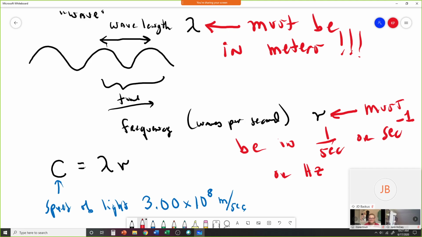Okay, you will get an answer and you will say to yourself, I've got this. Look at that, it's on my calculator, no big deal. And then you get your test back and you say, what the hell happened? Look, it's because you have to be in meters. You must be in seconds. Okay? All right, so let's do some stuff here.